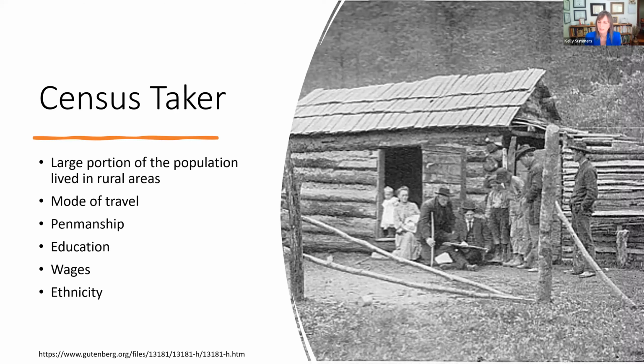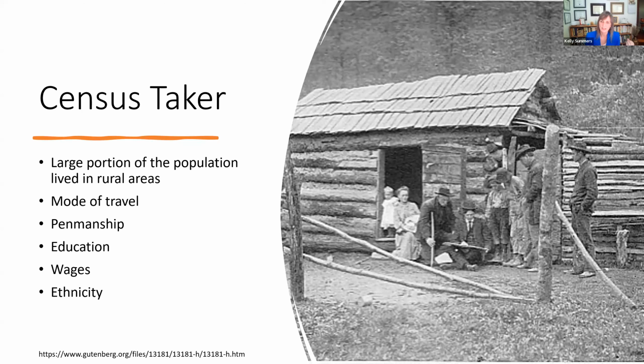In this picture that I have here, you can see a log cabin, and you have family members gathered around, and the census taker or census enumerator is sitting on the ground, and he has opened a book. This is a rather large book, but it is where he's going to record the answers to the questions. He's actually going to take your answers, whoever he visited, and record them in his book.